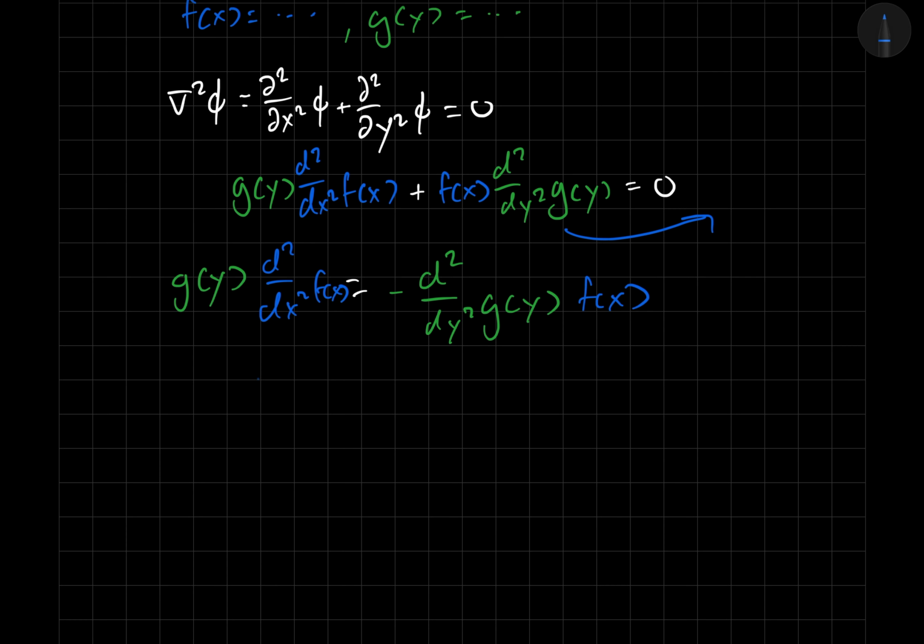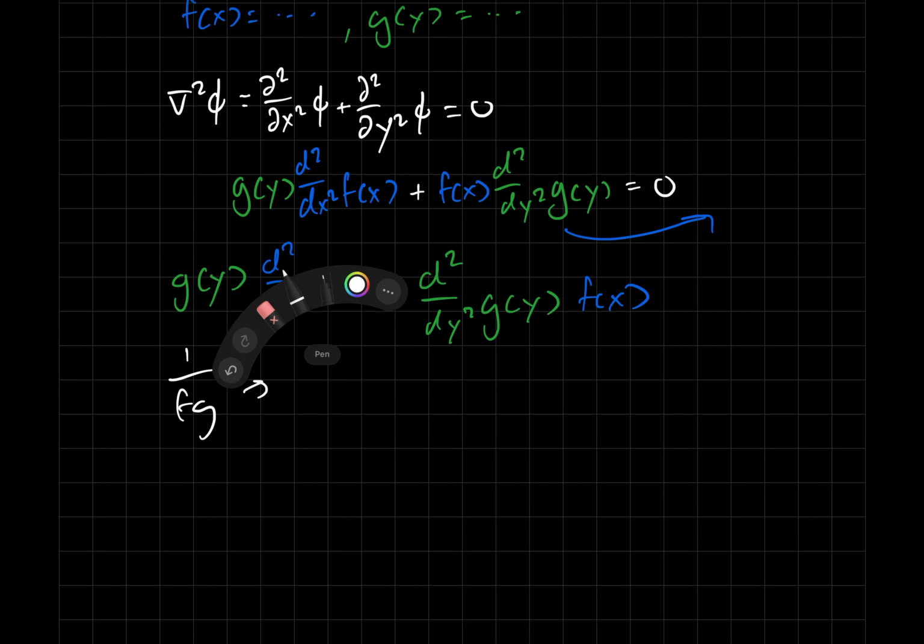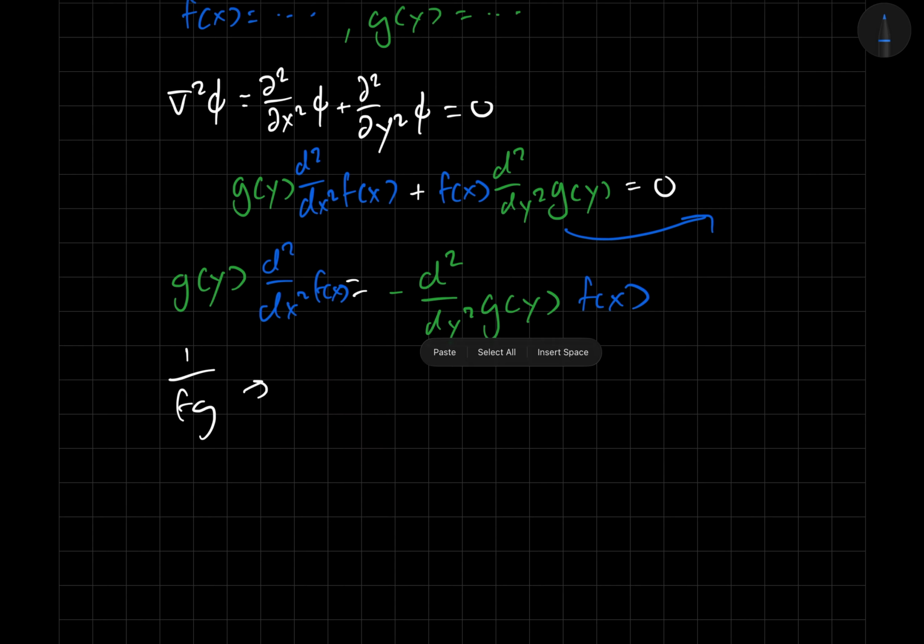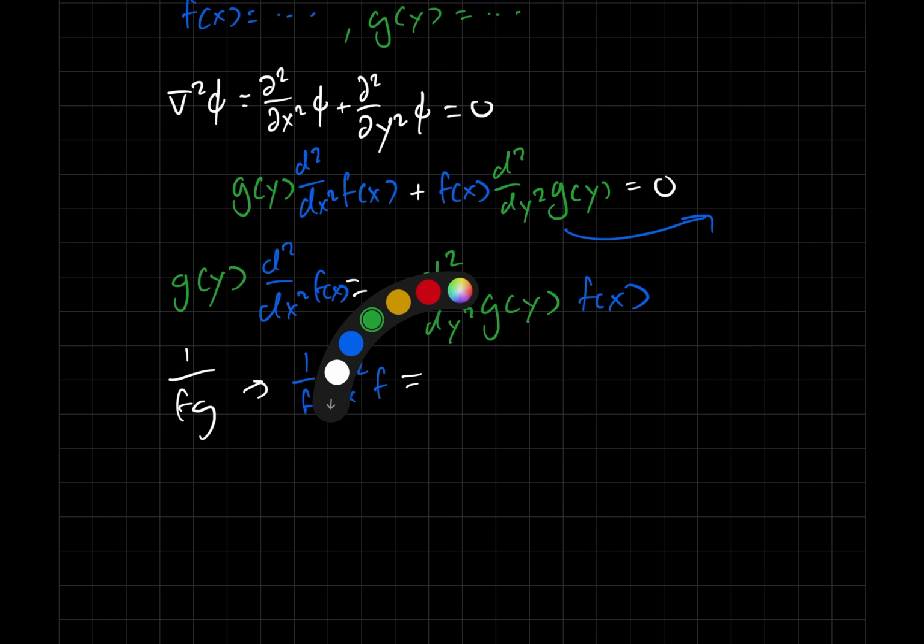So you divide everything by 1 over fg, and you'll finally end up with this, which is going to be 1 over f d squared dx squared f equals 1 over g d squared dy squared g.